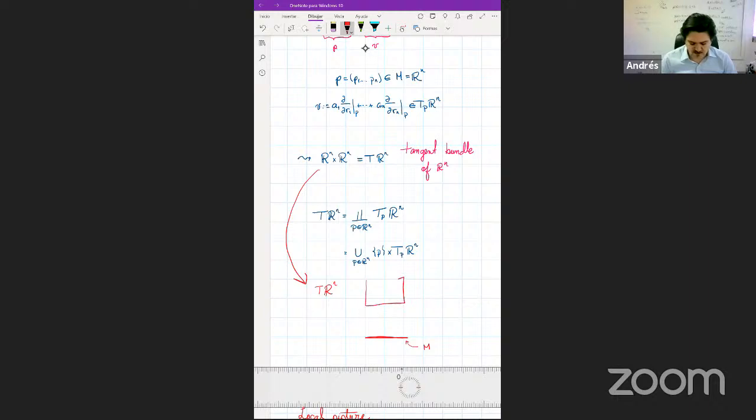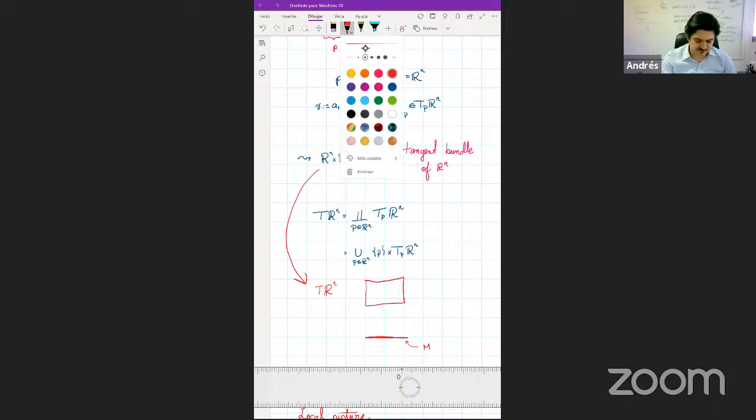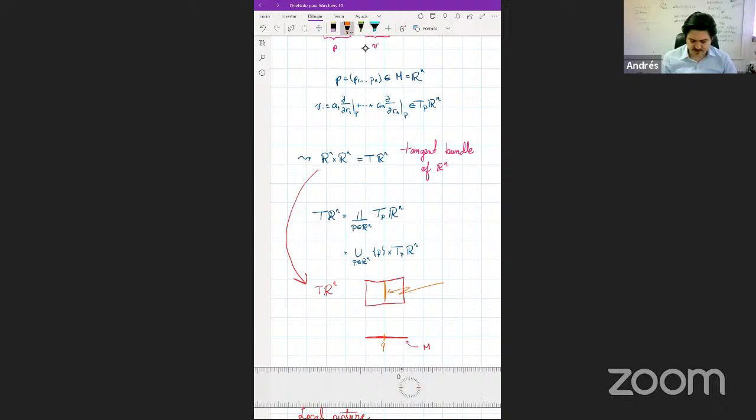We will write a square on top of it. And the idea is, if I take a point here in my manifold, I have a line that represents P of my manifold.